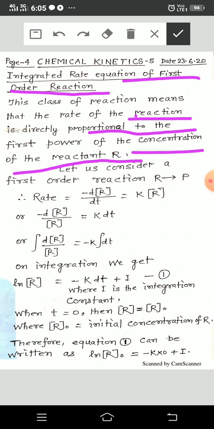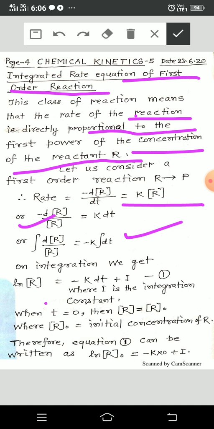So rate will be minus d[R]/dt equal to k[R], or minus d[R]/[R] is equal to k dt. Again you will integrate this equation.